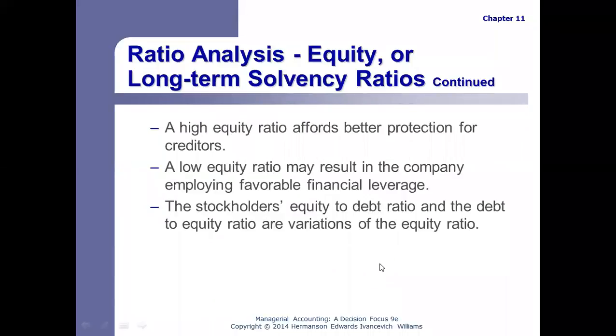So you can see some of the characteristics of equity ratios. A high equity ratio means that the stockholders and or the company itself through earnings provided most of the funds for assets. So that's good for creditors, because that means there's money for paying back any loans.